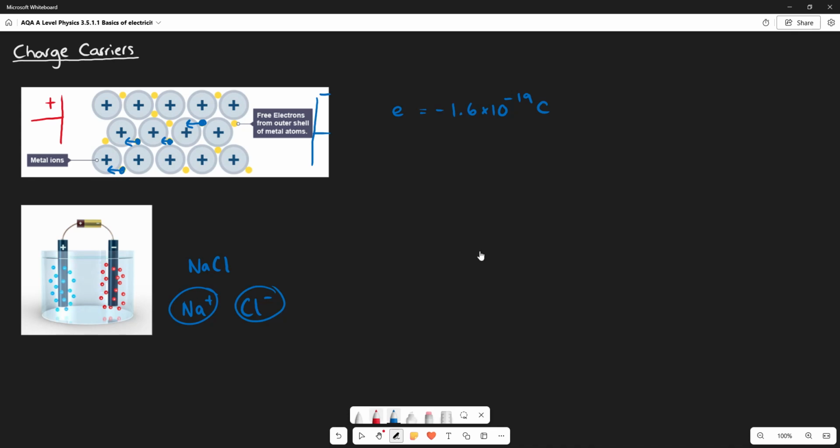And if you put a positive electrode and a negative electrode into that liquid, then the negatively charged chlorines will end up at the positive electrode, and the positively charged sodium will end up at the negative electrode. You will study this in chemistry in electrolysis.